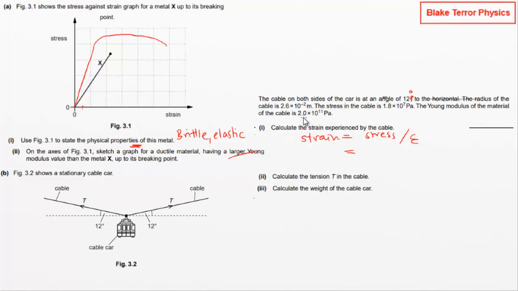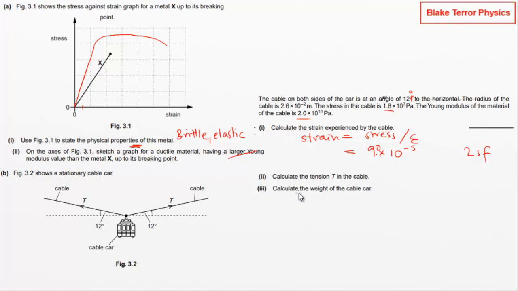So we've got a 0.9 and a 10 to the minus 4. So 9 times 10 to the minus 5. Should probably put 9.0 on that, considering what they've given us. So 9.0 times 10 to the minus 5, and that has no unit, strain. That's the extension over length one. But I put 9.0 because we've got a 2.0 and a 1.8, so let's keep to two significant figures.